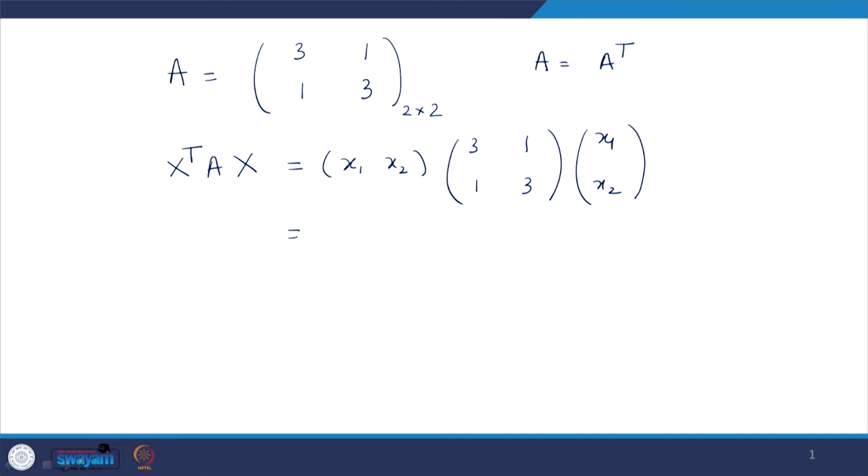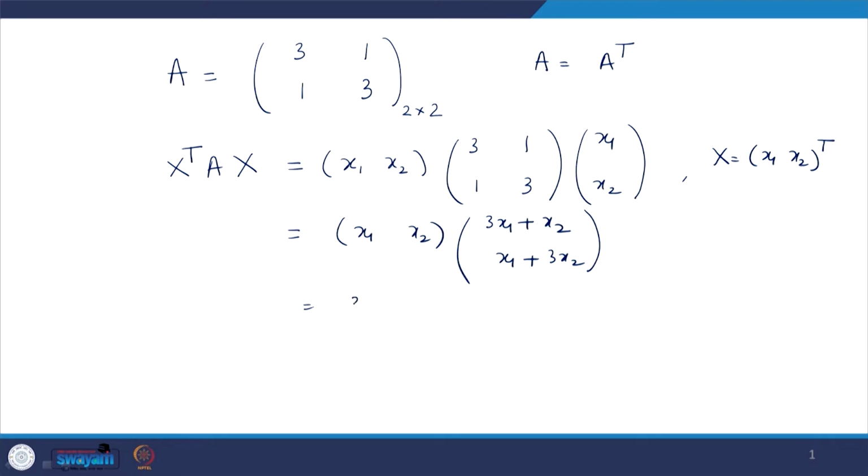Now, when you multiply this, here x is x 1 x 2 transpose. So, this row with this column gives 3 x 1 plus x 2, and this gives x 1 plus 3 x 2, and when you multiply this row with this column, this is simply 3 x 1 square plus x 1 x 2 plus x 2 x 1 plus 3 x 2 square.